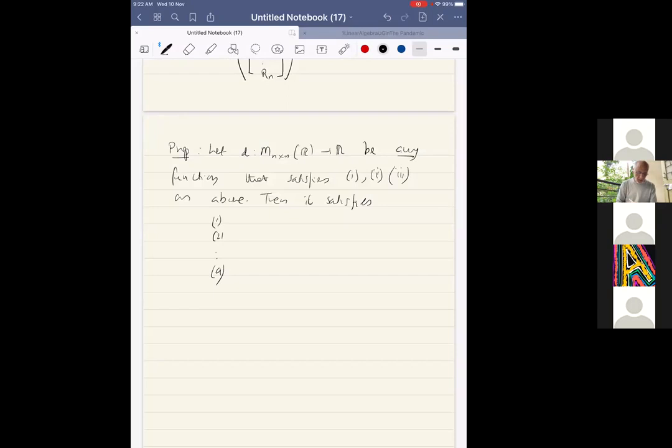Okay, let me prove. So what is property 1? If a multiple of one row is added to an adjacent row, so adjacent is important, then the value of D does not change.